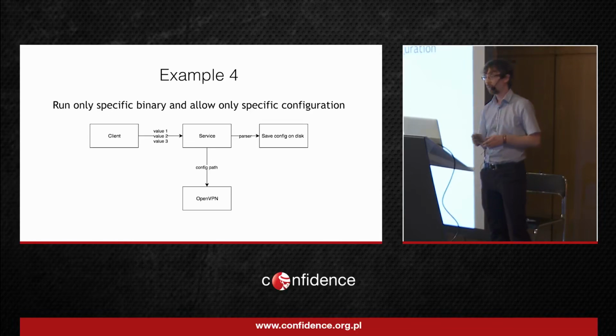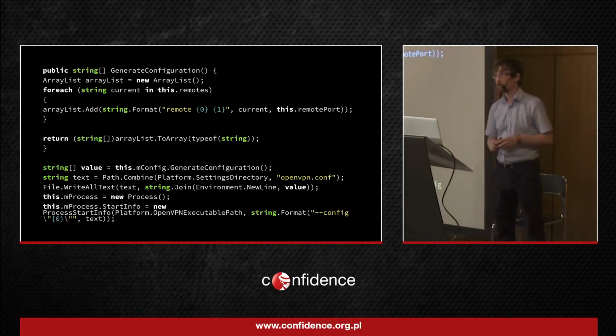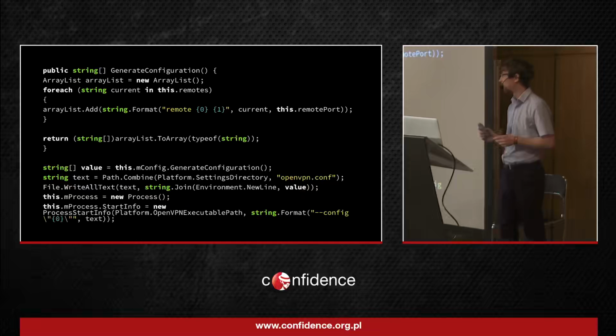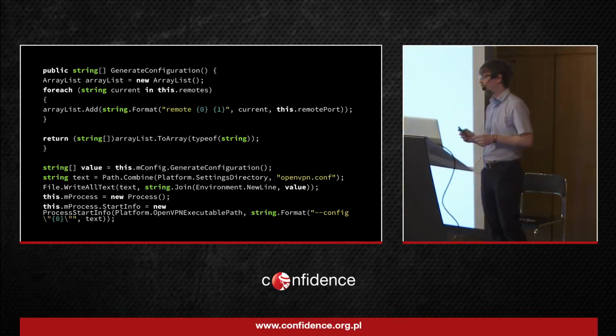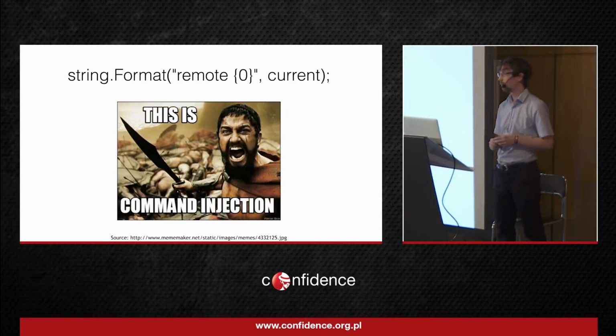So I started thinking, okay, how might this parser look? And this is the C# code of one of those parsers. After a while, I realized that there is a bug here. If you still don't understand, I need to explain how OpenVPN can accept different commands.